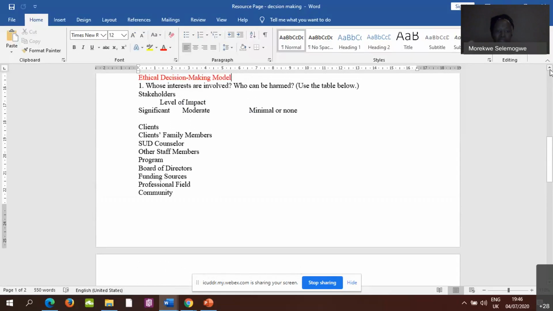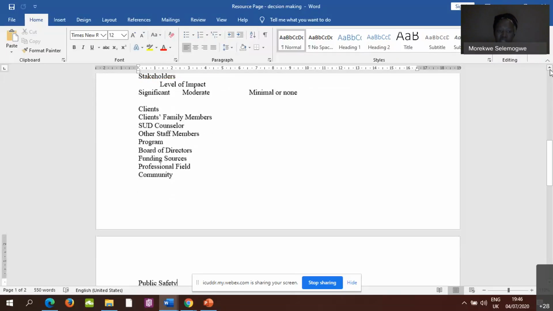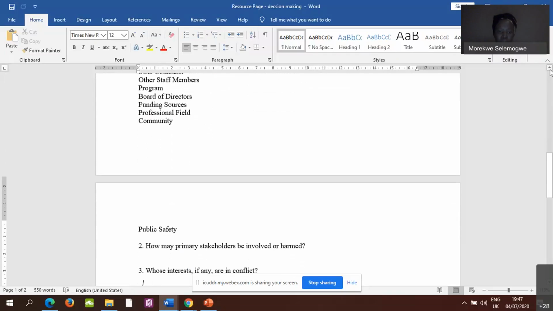All these people, the client's family members, the SUD counselor, even the program. If the board of directors were to hear about a counselor who did not ensure that confidentiality is discussed to the extent that it should be, they would also be harmed in a way, because they would be seen to not be enforcing the policies within that program, right?